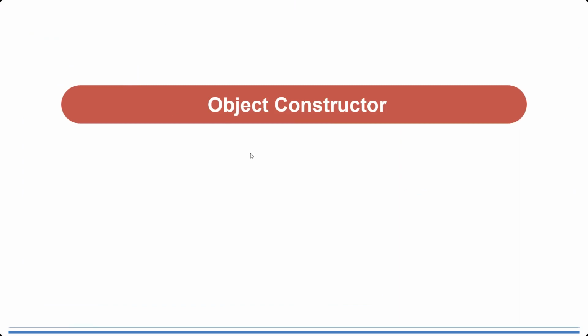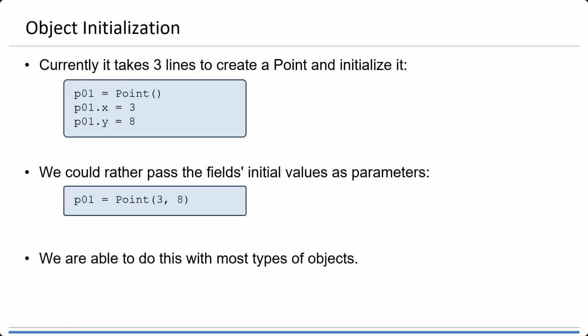Now we have some more improvement. When we use the object, we can use the constructor. So what does it mean by constructor? In the current state, whenever you want to create a point, the point starts with x 0 and y 0.